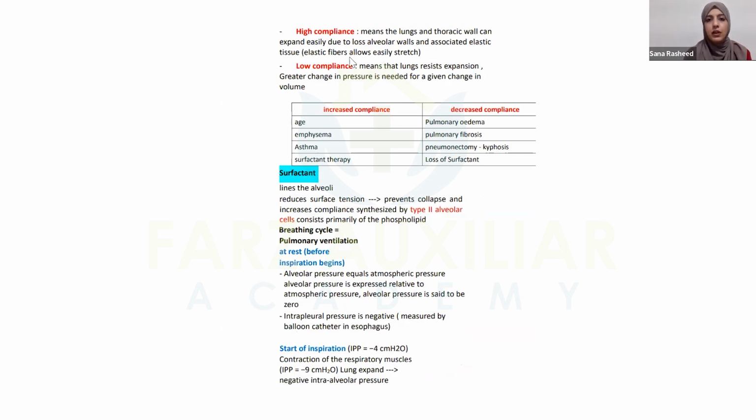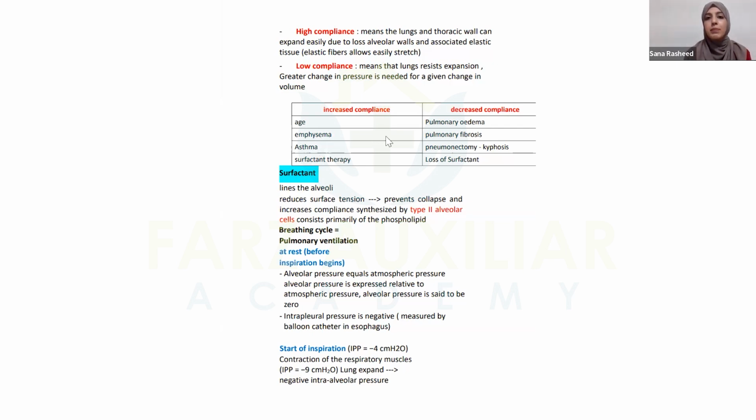Okay, so there are certain factors that increase the compliance of lungs, and certain factors that decrease it. With age, lung compliance increases. Certain medical conditions also increase compliance, that is emphysema and asthma.